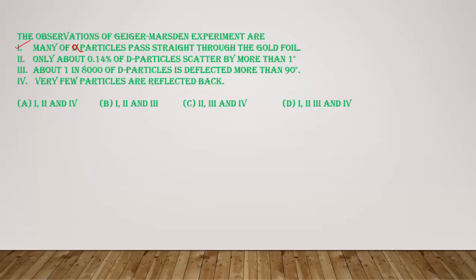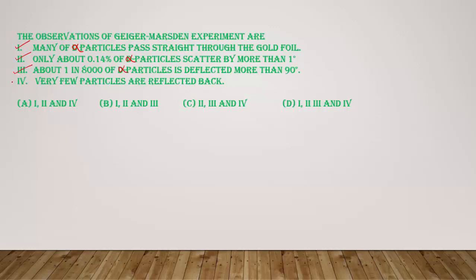Yes, it is right. Only about 0.14% of the alpha particles are scattered by more than 1 degree. This is also right. Then the third statement, about 1 in 8,000 alpha particles is deflected more than 90 degree. This is also right. Very few particles are reflected back.